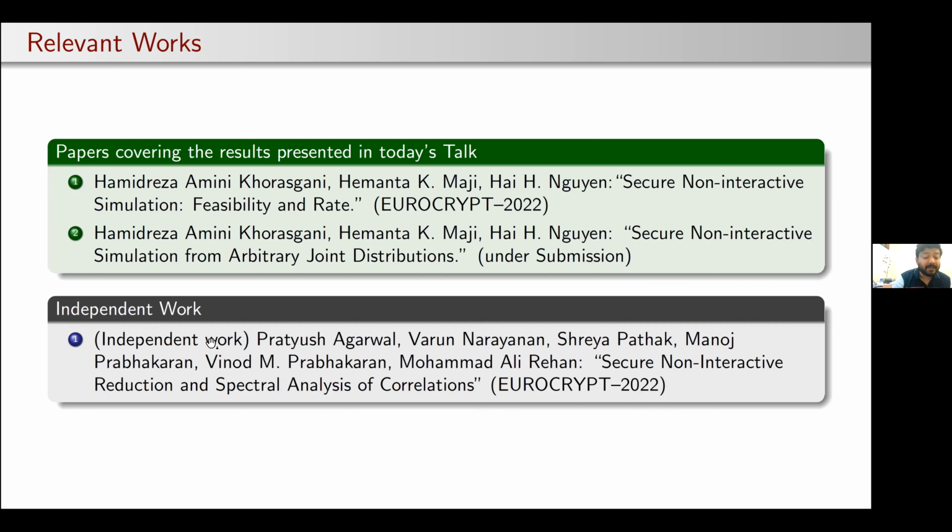There are significant differences between the approaches, however. We follow techniques from harmonic analysis while they followed techniques from matrix analysis, and their work does not consider rate. They only consider feasibility of secure non-interactive simulation.